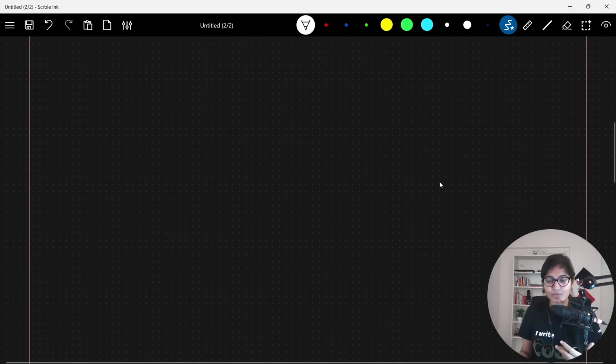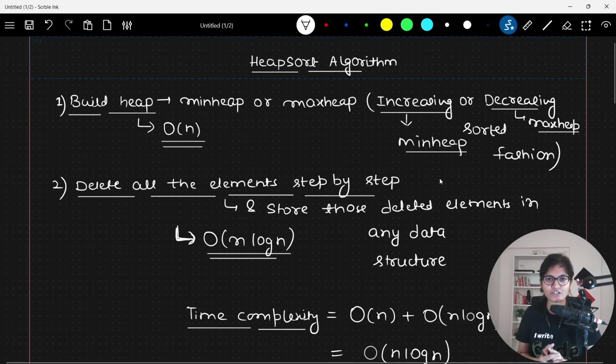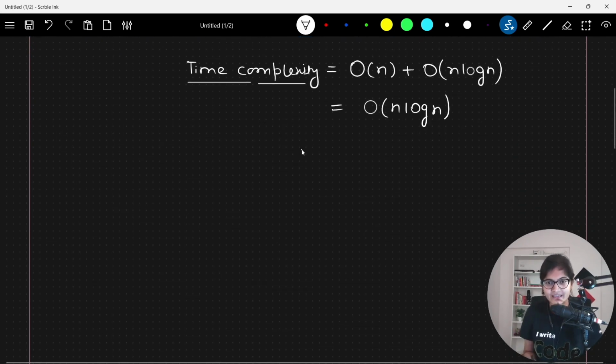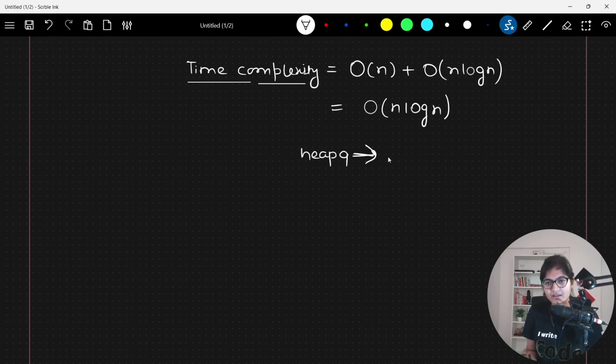Now I think it's the right time. In the next upcoming videos, I will talk about the implementation of all these things. In Python, we usually have packages, so you don't need to write the code, but understanding is obviously required. There is something called heapq in Python, where methods are already developed specifically for the Python programming language.